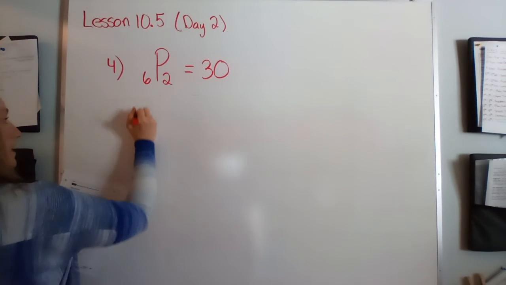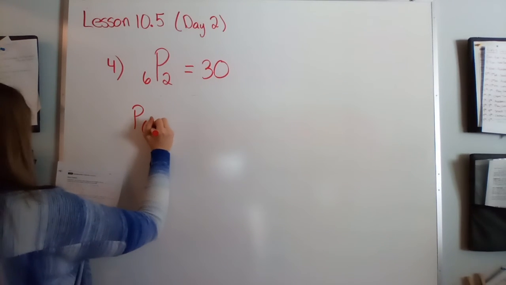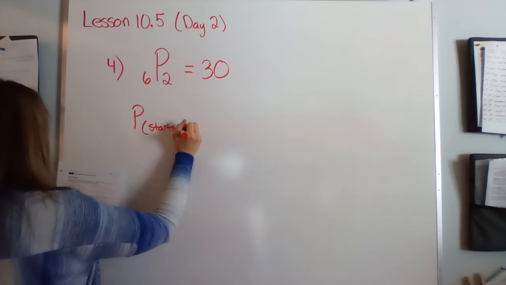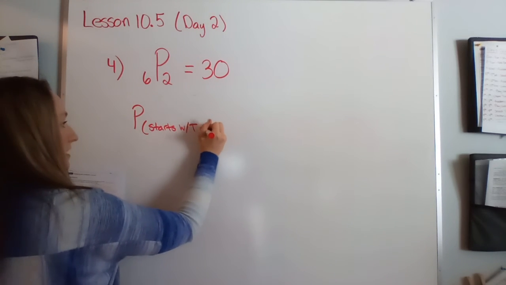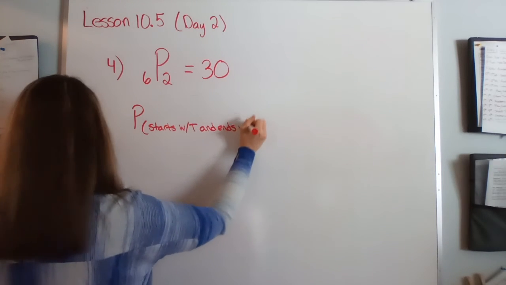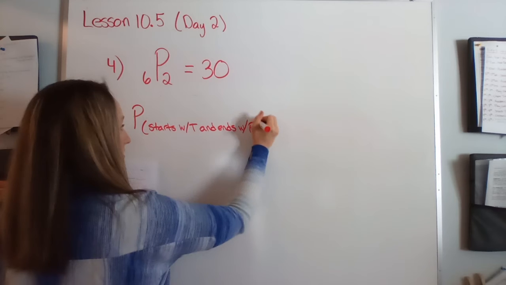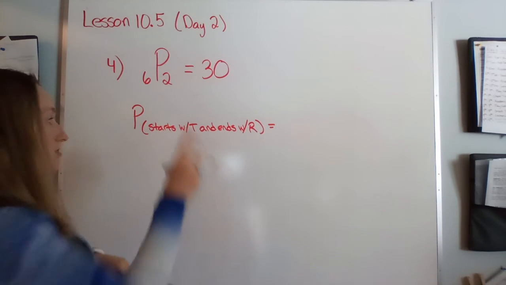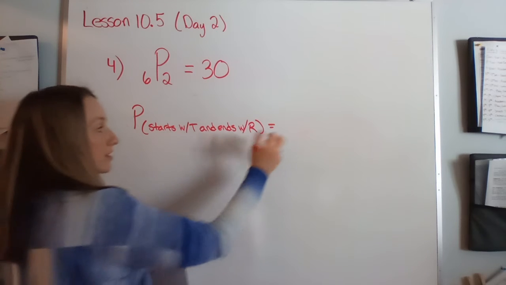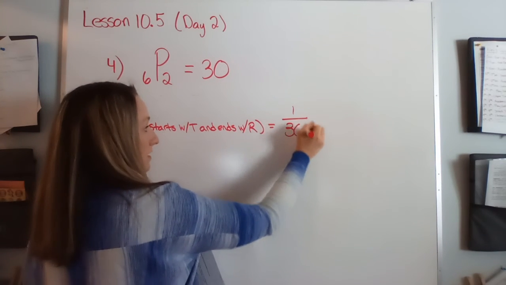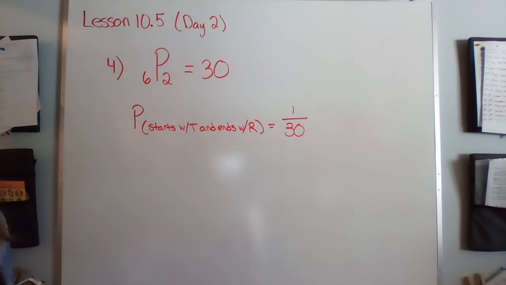So the probability that your license plate starts with a T and ends with an R is equal to, there's only going to be one license plate that starts with a T and ends with an R, so 1 favorable over the 30 total possible. Okay, that's the fast, easy way.